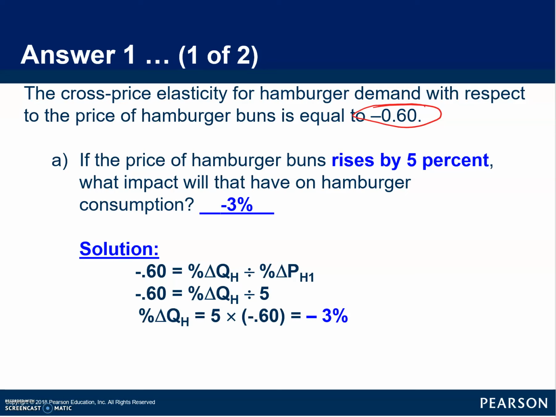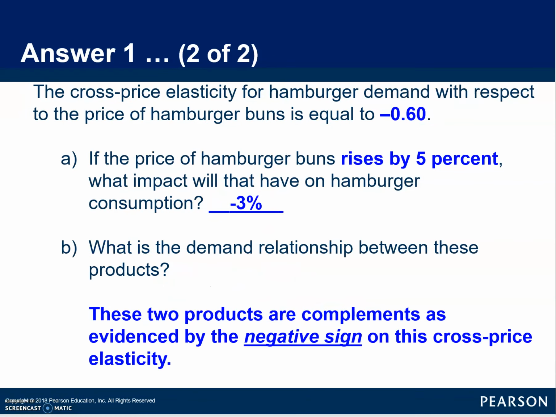So again, same math we did before. We determined what that percentage change is. There's your percent change. And then we move that to the outside and make this a multiplication. So we said 5 times negative 0.6, and that brings us to negative 3%. So that would be a negative 3% change. So the two products are complements of one another because they're negative. You can see that negative is going to indicate that they are complements of one another.